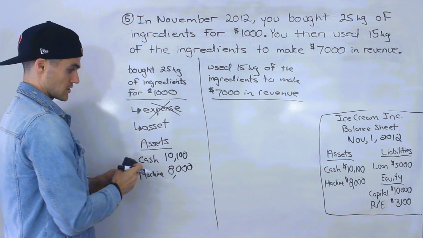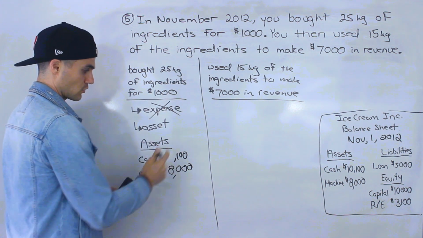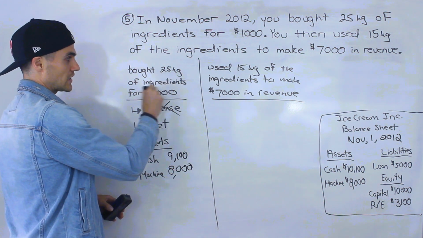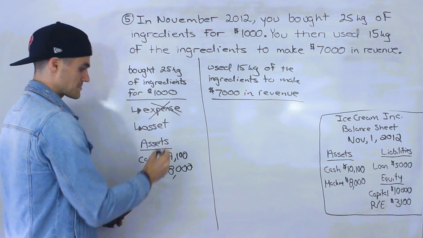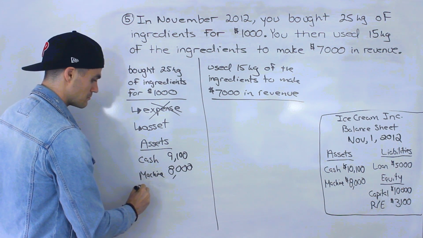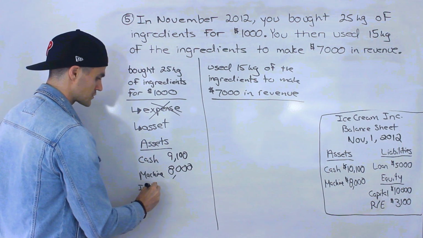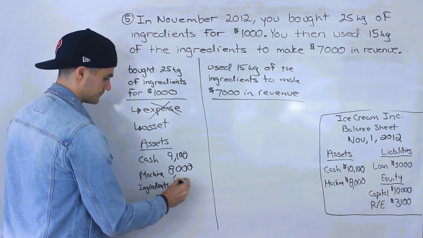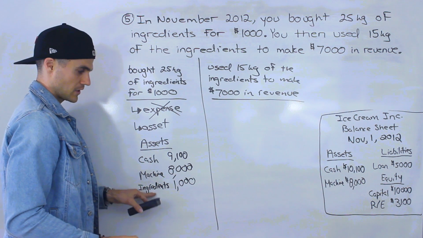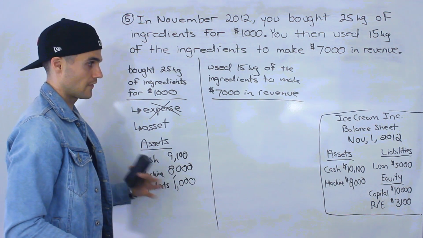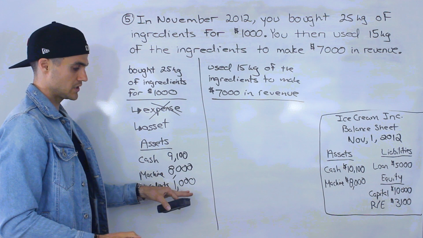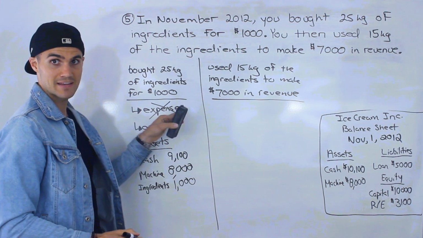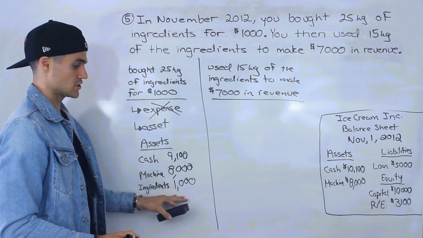So our cash balance is going to go from $10,100 to $9,100. But these ingredients are not an expense. They actually become an asset first. These ingredients go under assets on the balance sheet. Why didn't we take this $1,000 and make it an expense on the income statement? We put it on the balance sheet instead.